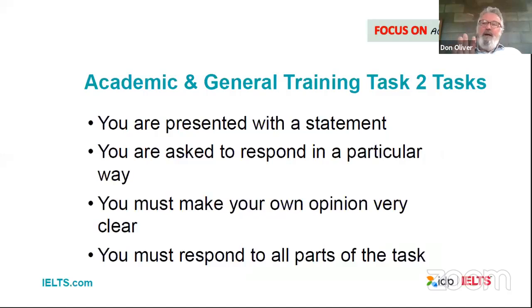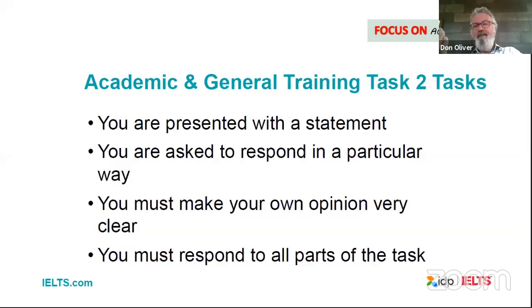So the format of the task is always the same. You are presented with a statement. People say this. This is happening. Many people believe. And then you are asked to respond to that statement. Now, the response can be quite simple.